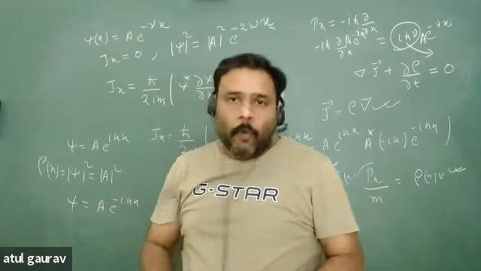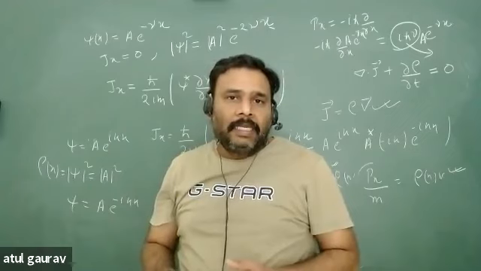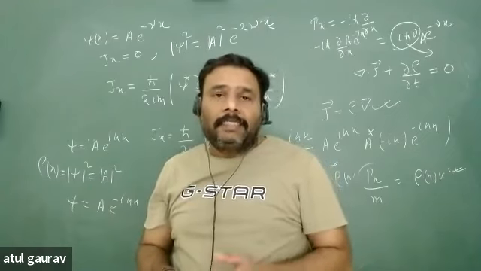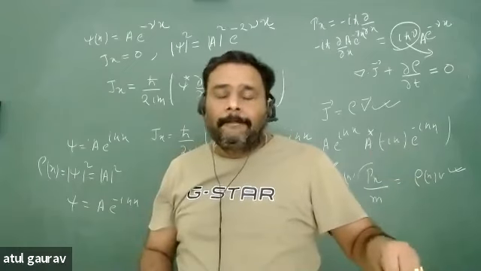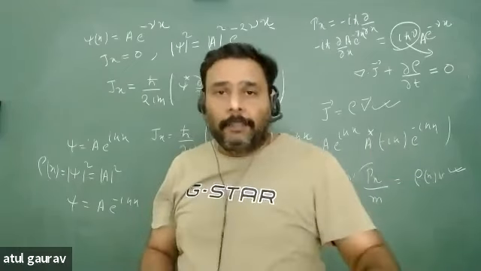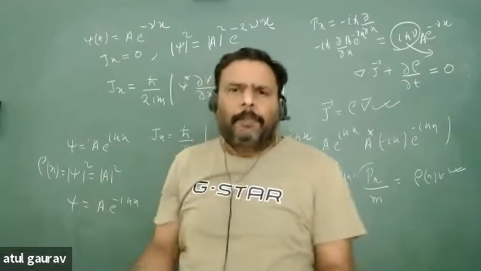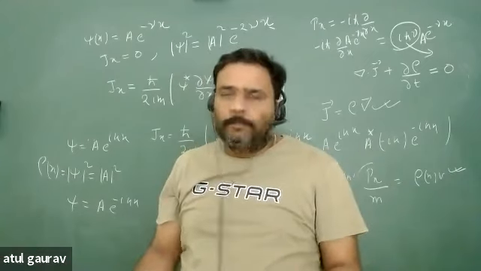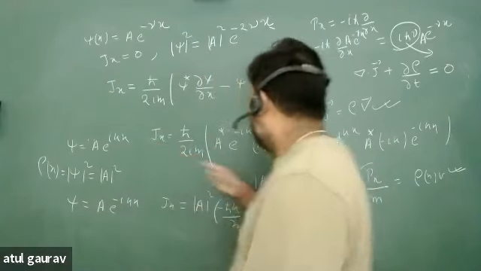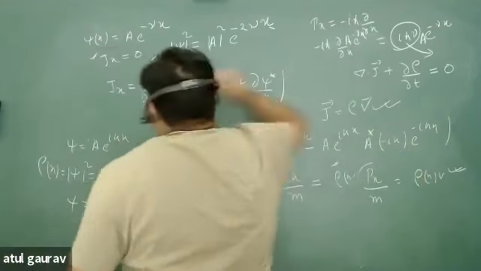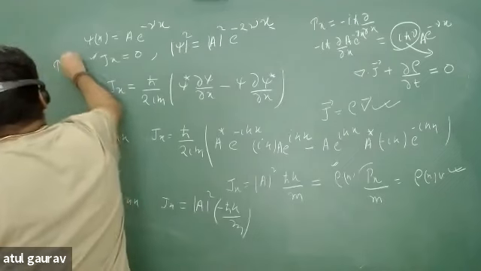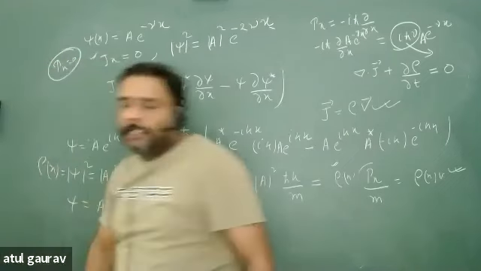Means what we can expect is that there is a particle in a classically forbidden region, even if its momentum is zero. Imaginary momentum means the momentum is zero actually. Because Jx is zero, imaginary momentum cannot exist. So I can say that Px is equal to zero with some logic.